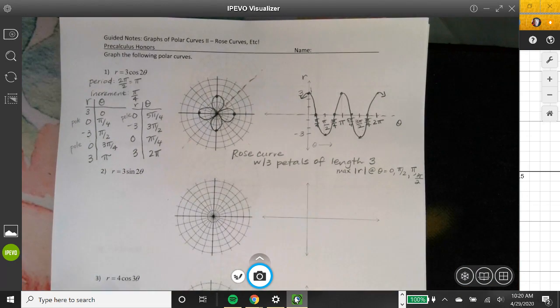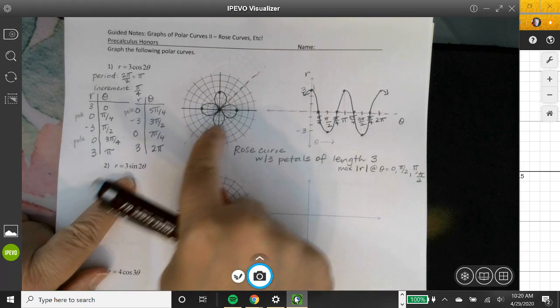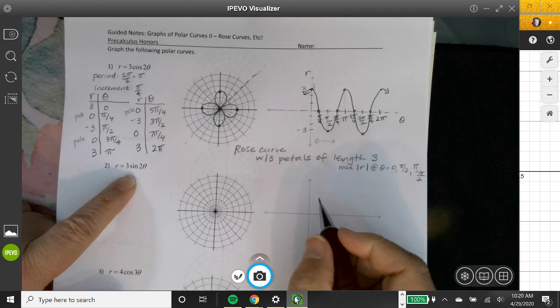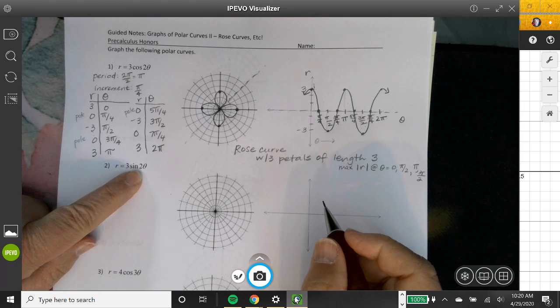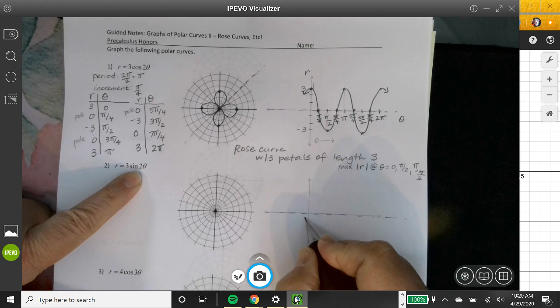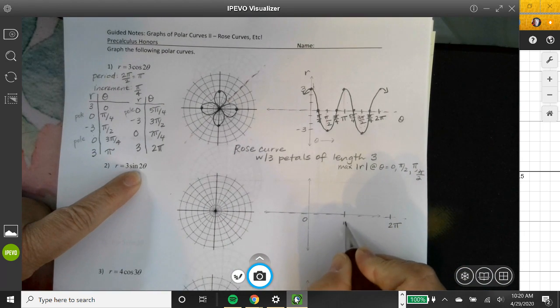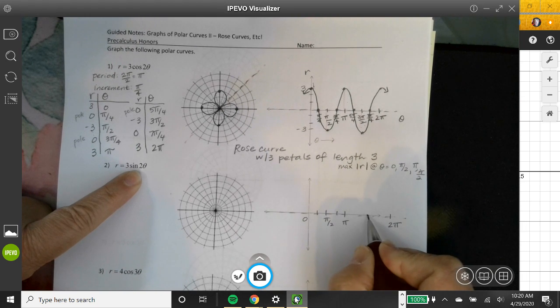Okay. All right, so let's see what happens now when I do it with a sine curve and see how it's different than the cosine of 2 theta. My period is the same, my increment is the same because my b factor is 2. So I'm not going to write those out again, but I have a midline of 0, and I'm going to go all the way to 2 pi, and then halfway is pi, and then halfway is pi over 2, and then halves and halves.